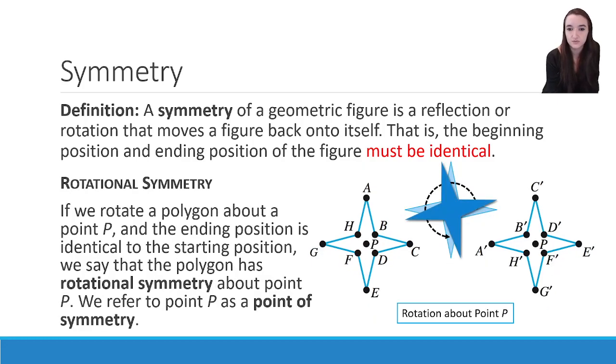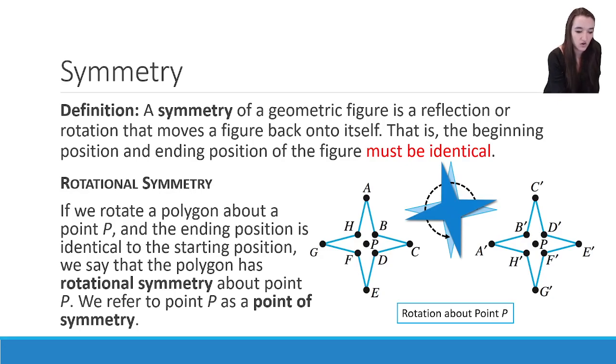Now, rotational symmetry, similarly, is when we rotate about a point P and the ending position is identical to the starting position. We say that the polygon has rotational symmetry about the point P and refer to that point as a point of symmetry. We usually also note the angle at which we get this symmetry.